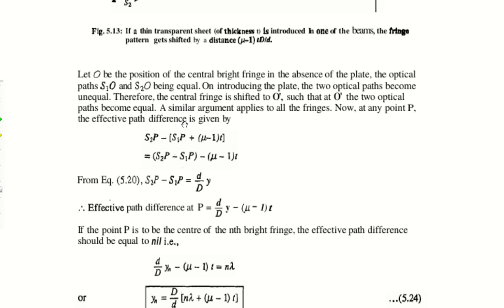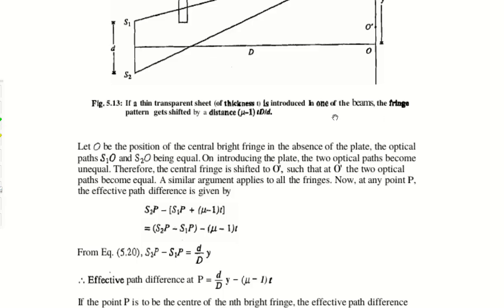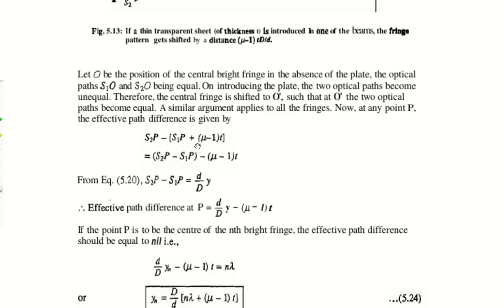At the point P, the effective path difference is given by S2P. S2P is pure path because it travels in free space, but S1P is increased by an amount (mu minus 1) into t. So the net path difference is S2P minus S1P plus (mu minus 1) into t. So you can write S2P minus S1P minus (mu minus 1) into t.